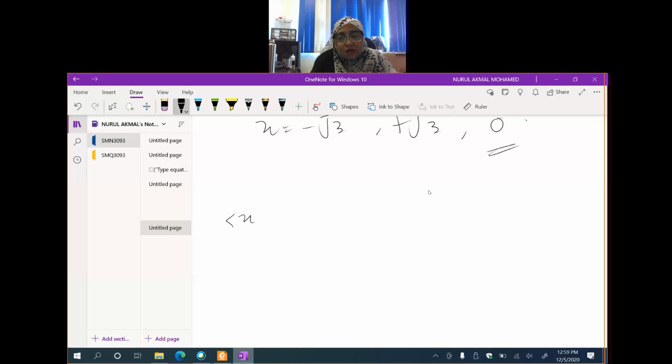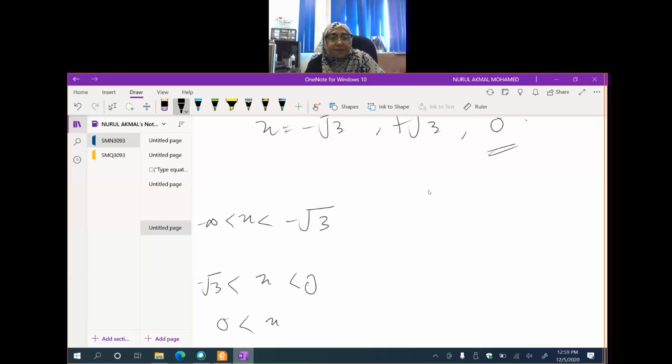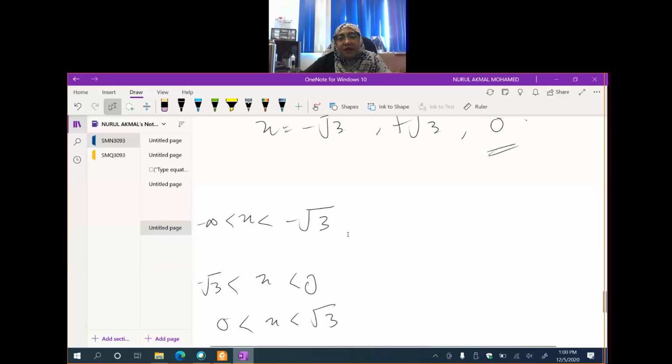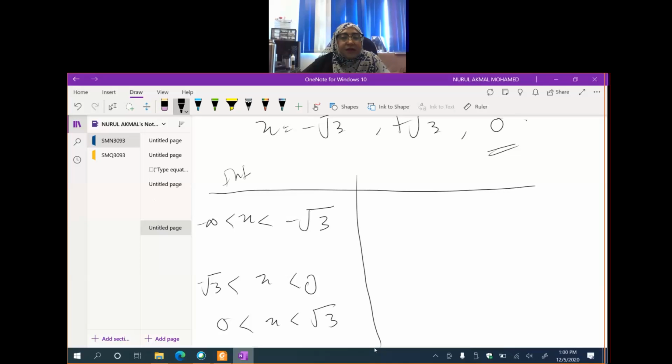So the intervals are: negative infinity up to negative square root of 3, negative square root of 3 up to 0, and then 0 up to square root of 3, and then square root of 3 up to infinity.